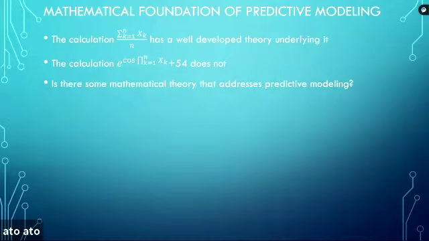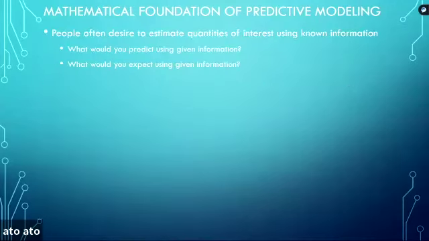And so just as with the sample mean, there's a well-developed theory underlying it. The question then becomes, well, shucks, is there some mathematical theory that addresses predictive modeling? And my claim is yes. To get at that, let's think through for a moment what we're trying to do.